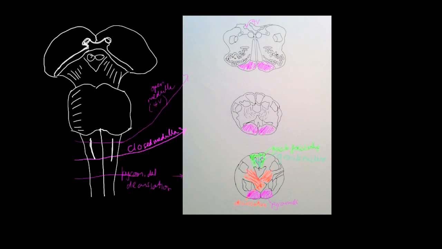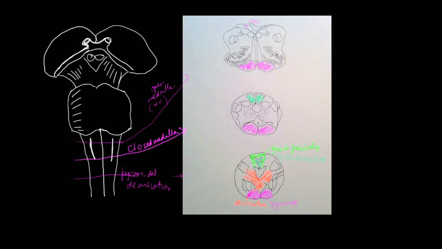But the gracile nucleus, as we go more rostrally into the brainstem, we actually find that it becomes bigger. So see how we've got that same structure here suddenly gotten a lot bigger, because now the fasciculus is disappearing and the nucleus is taking over. And the nucleus is where the second order neurons, so the first order neurons from the gracile fasciculus have synapsed onto the gracile nucleus, and the gracile nucleus now takes prominence.